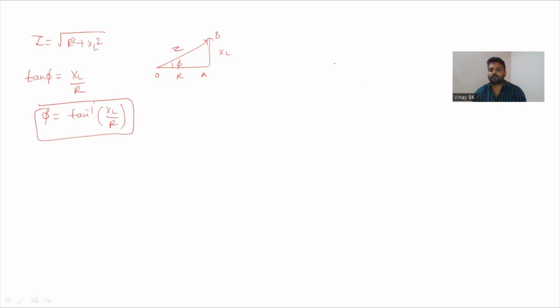So remember the steps. First you have to write the circuit diagram. Once after writing the circuit diagram, explain it. It has two drops. One is VR, that is I into R. Another one is VL, that is I into XL. Then you write that the total voltage is given by VR plus VL.